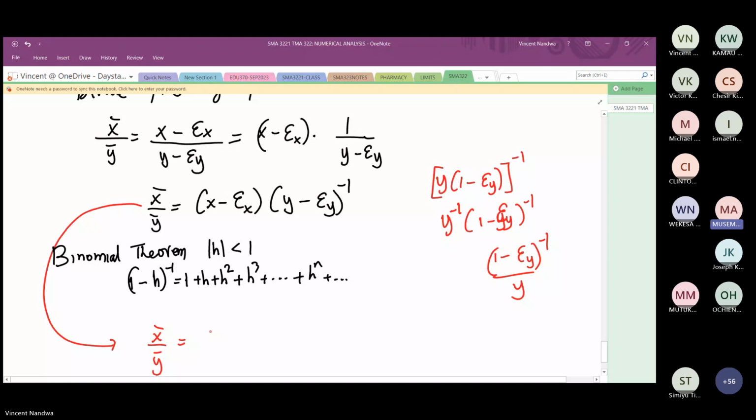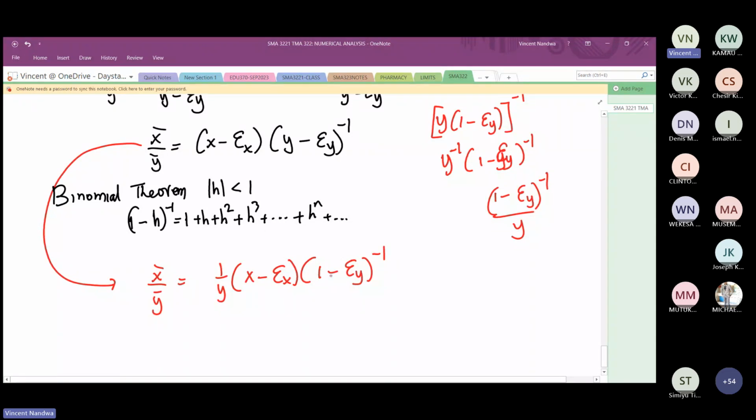So we'll have 1 over y into (x minus error in x), then into (1 minus error in y) to the power of minus 1. So that should make sense.